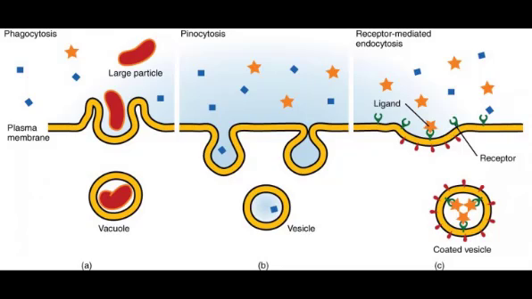Receptor-mediated endocytosis is endocytosis by a portion of the cell membrane that contains many receptors that are specific for a certain substance. Once the surface receptors have bound sufficient amounts of the specific substance, which is the receptor's ligand, the cell will endocytose the part of the cell membrane containing the receptor-ligand complexes.